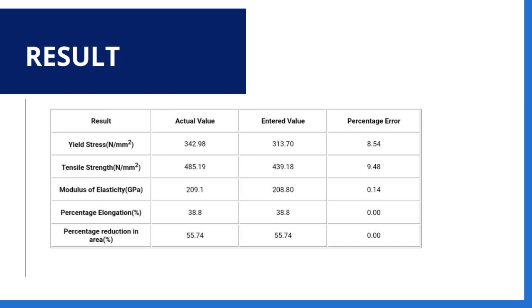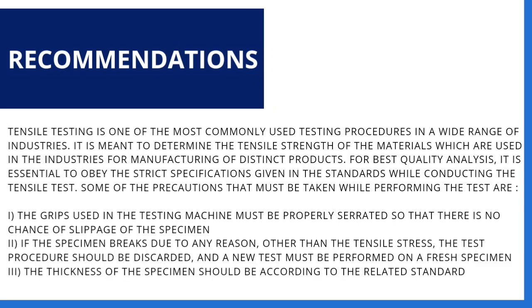Actual value is 38.8. Entered value is 38.8. Percentage error is 0. Lastly, percentage reduction in area. Actual value is 55.74, entered value is 55.74 and percentage error is 0.